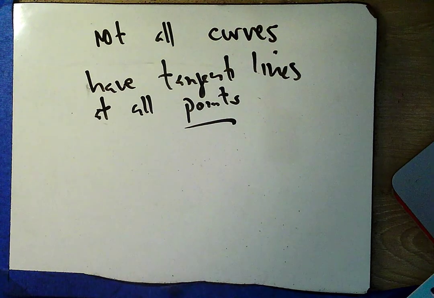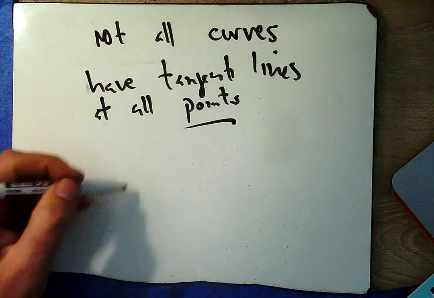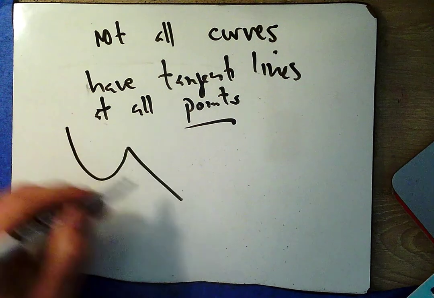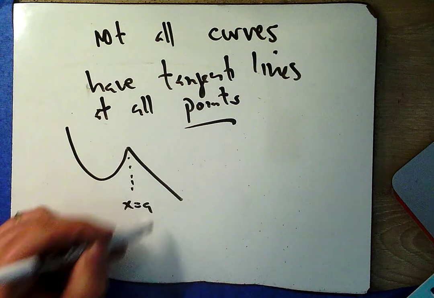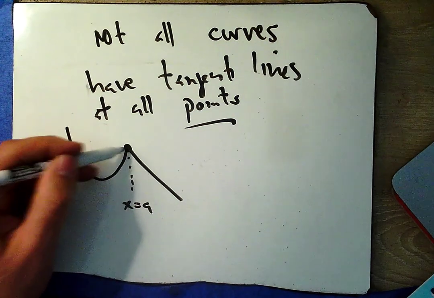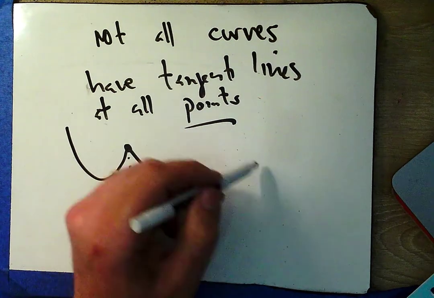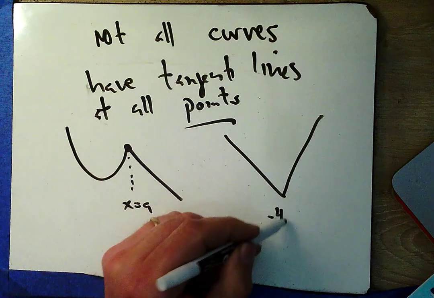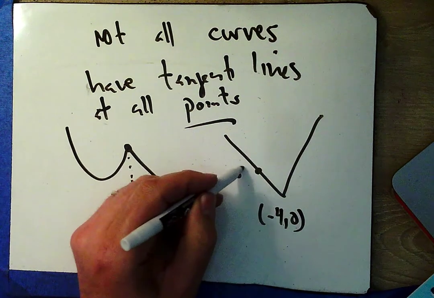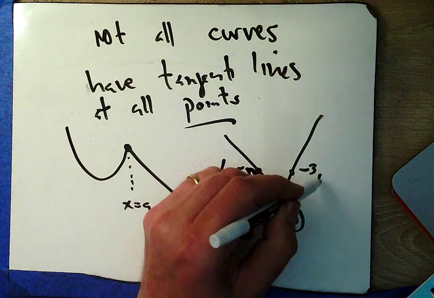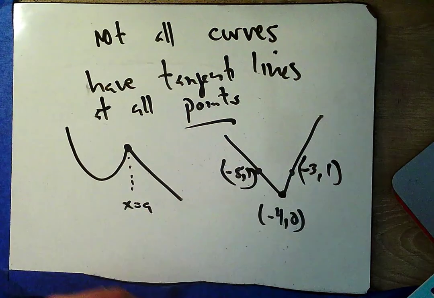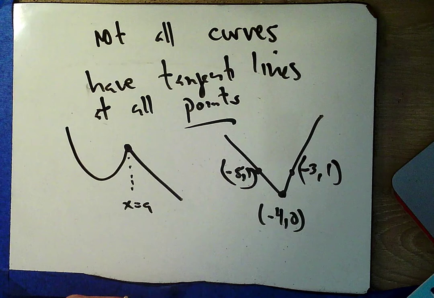So, this function, sorry, can't find the slope at that point. This function, I can't find the slope at that point. Now, what is it that is prohibiting me from finding the slopes at these points?